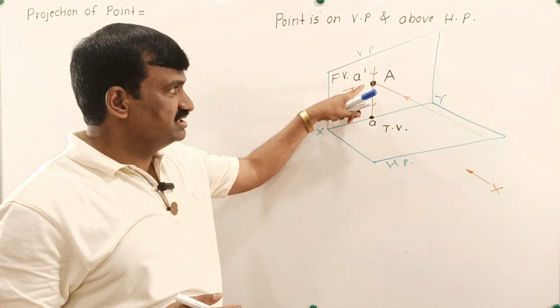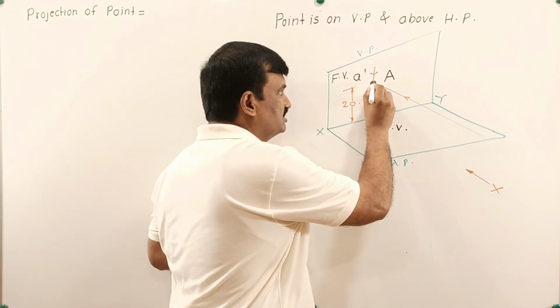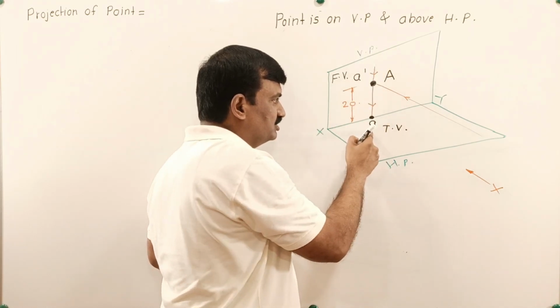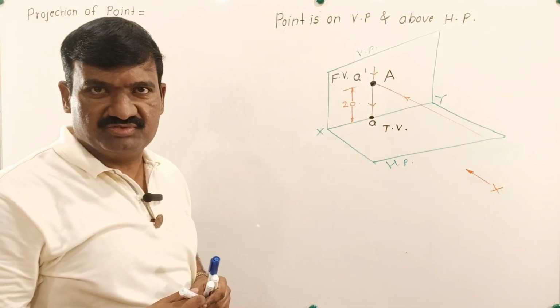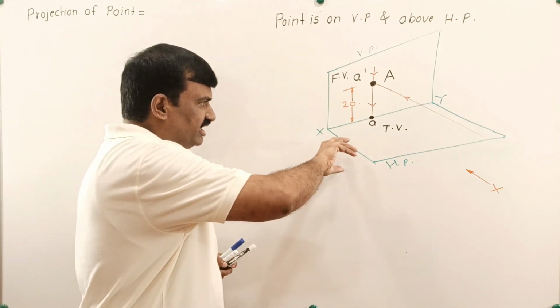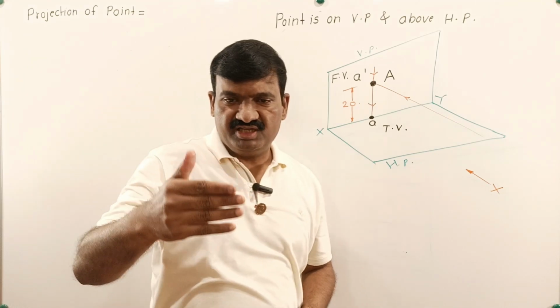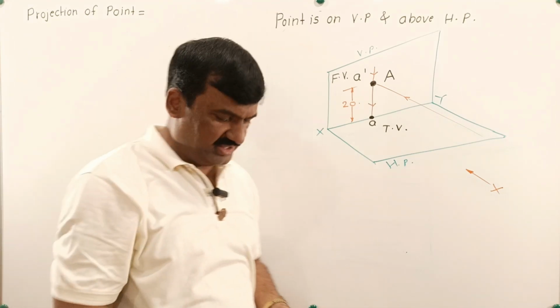But the next concept is that when the point lies on the surface of HP, the point is on HP, then its top view is drawn above the XY line. Every time we are rotating the HP away from VP, so that VP and HP should be present in one and the same plane.